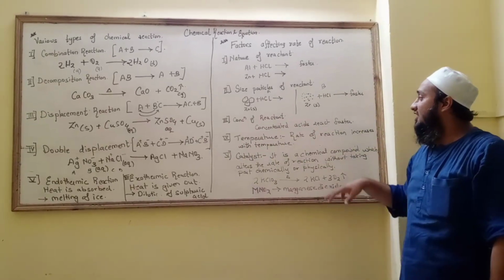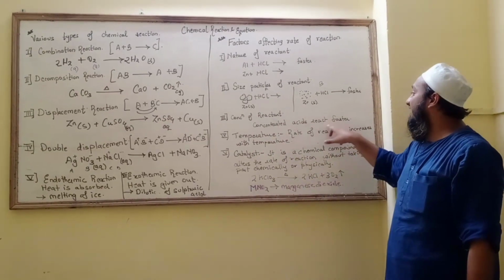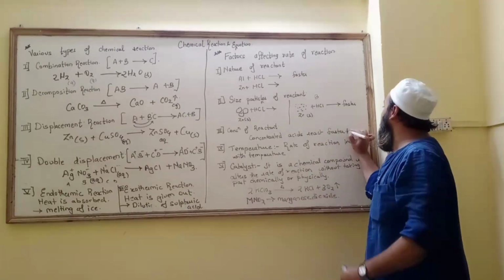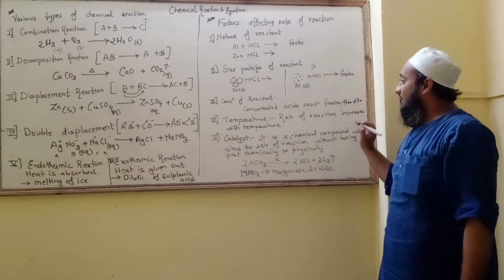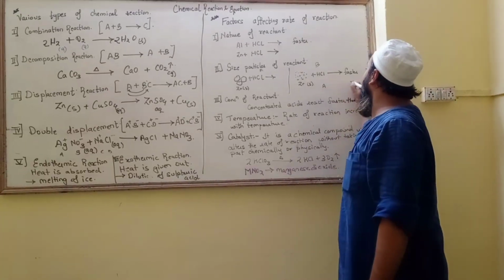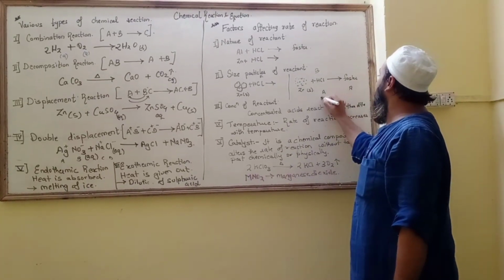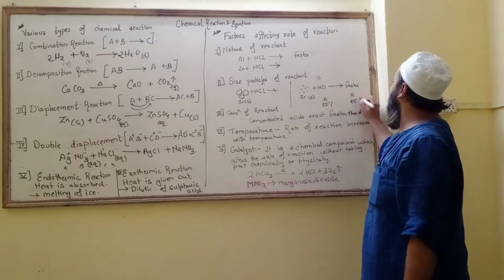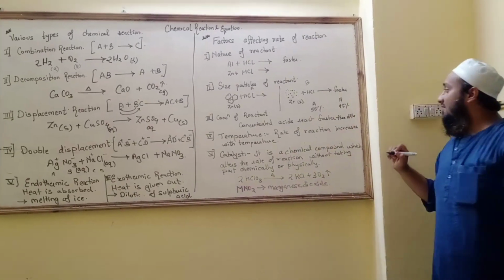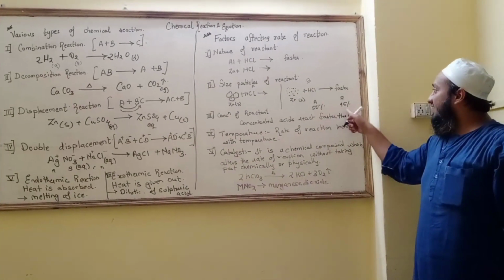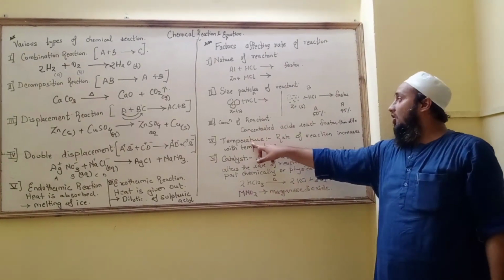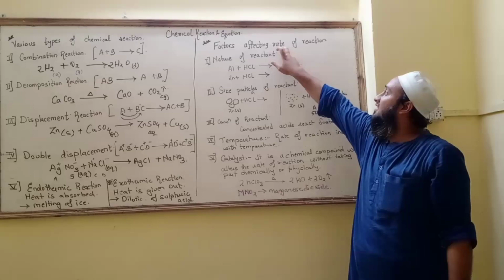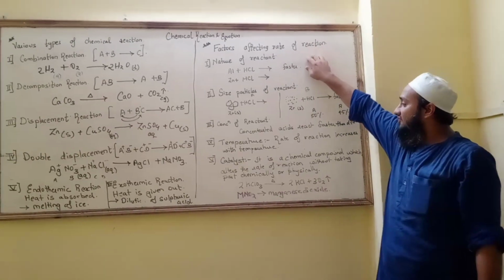Concentration of reactant. Concentrated acids react faster than dilute acids. For example, if you have two acids, one is 50% concentrated and one is 95% concentrated, what will happen? The 95% concentrated acid will react faster. Temperature also is a very important factor which affects the rate of reaction.